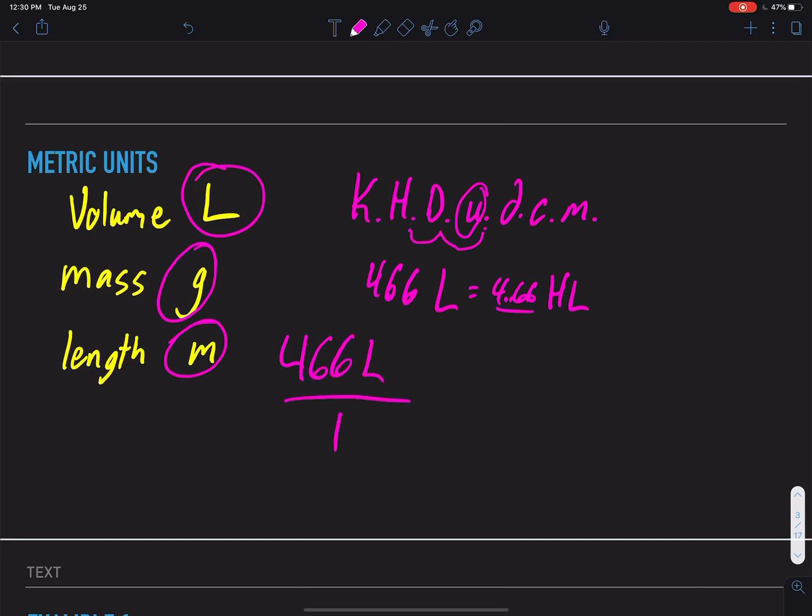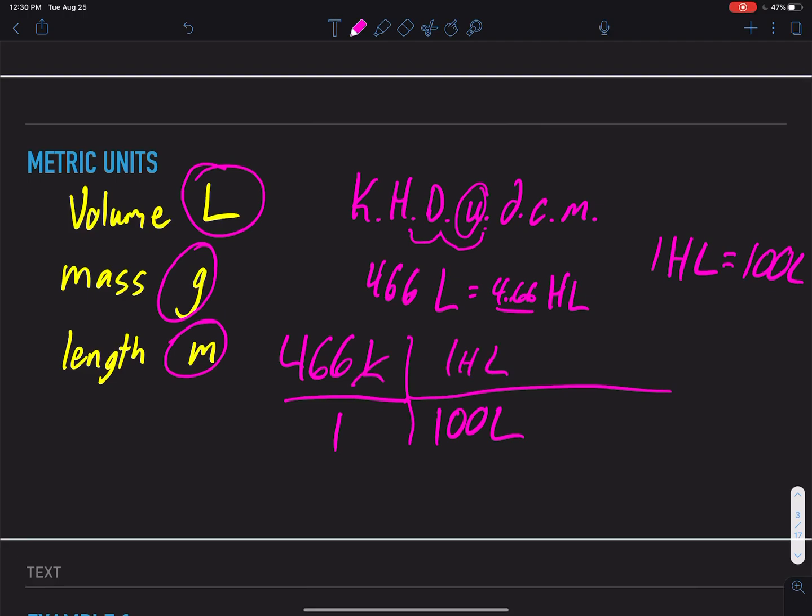466 liters over 1. Now, we see that our base unit of liters is 2 decimal places away from hectoliters. So that means that 1 hectoliter equals 100 liters. So I want to cancel out a unit of liters, so the 100 liters goes on the bottom with the 1 hectoliter on top.